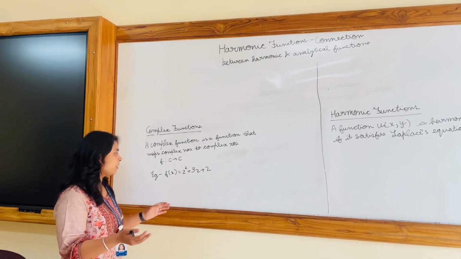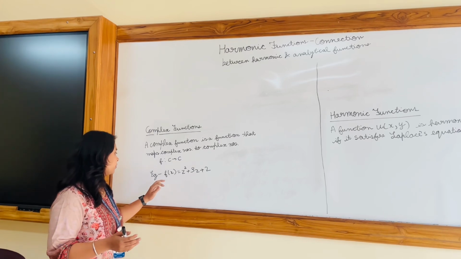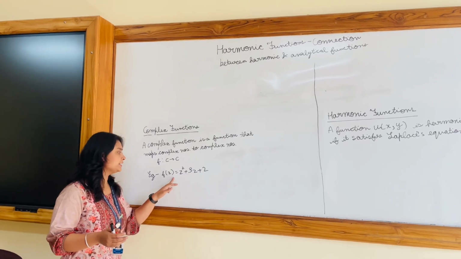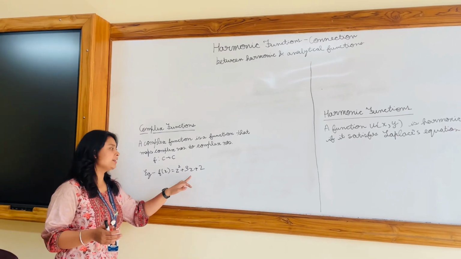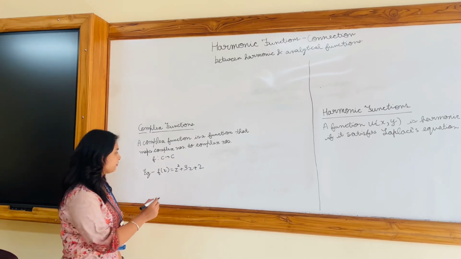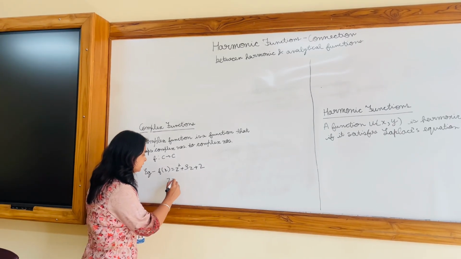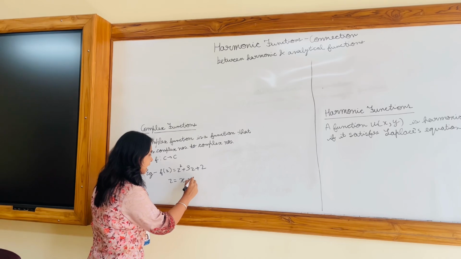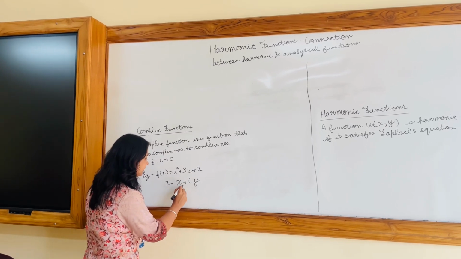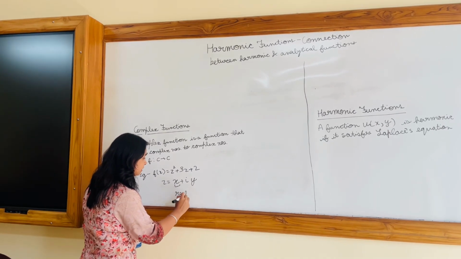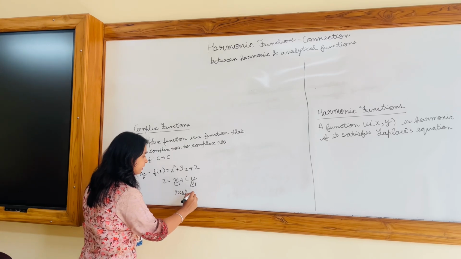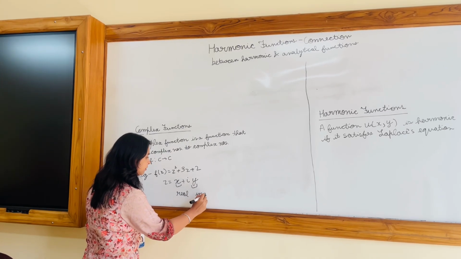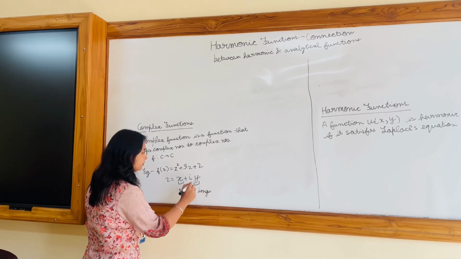To know more about it, we'll be solving one question. Here I have taken one example, f(x) equals z square plus 3z plus 2. In complex numbers we know z is always equal to x plus iy, where x is the real part and y would be the imaginary part, which is with i.